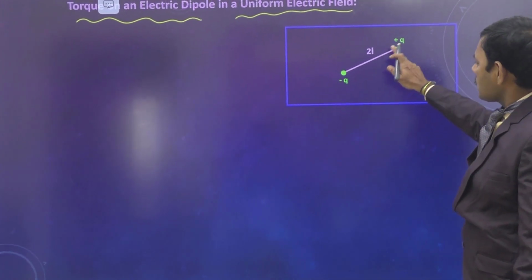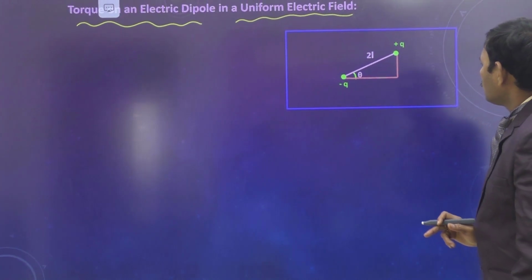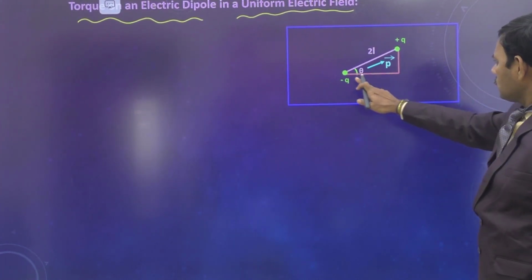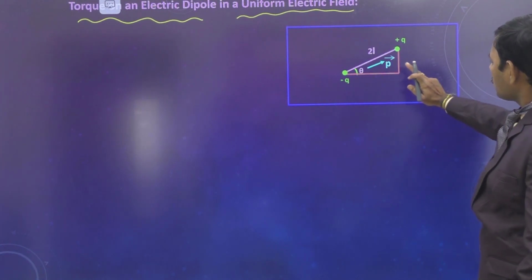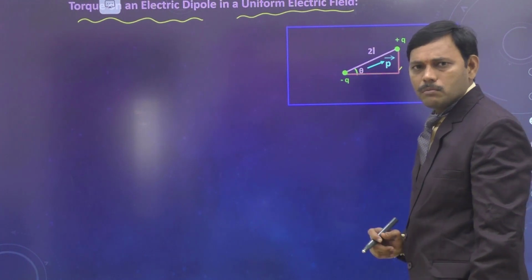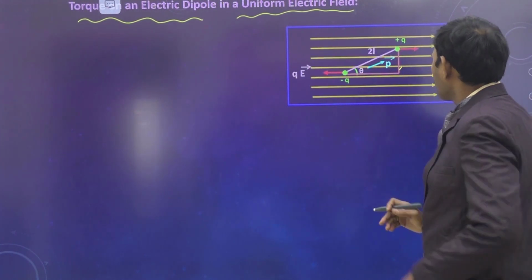The dipole extends from minus q to plus q, the length of the dipole is 2l, and it makes angle theta with the direction of the electric field. Dipole moment is directed from the negative to the positive charge. Here this is the direction of the electric field.